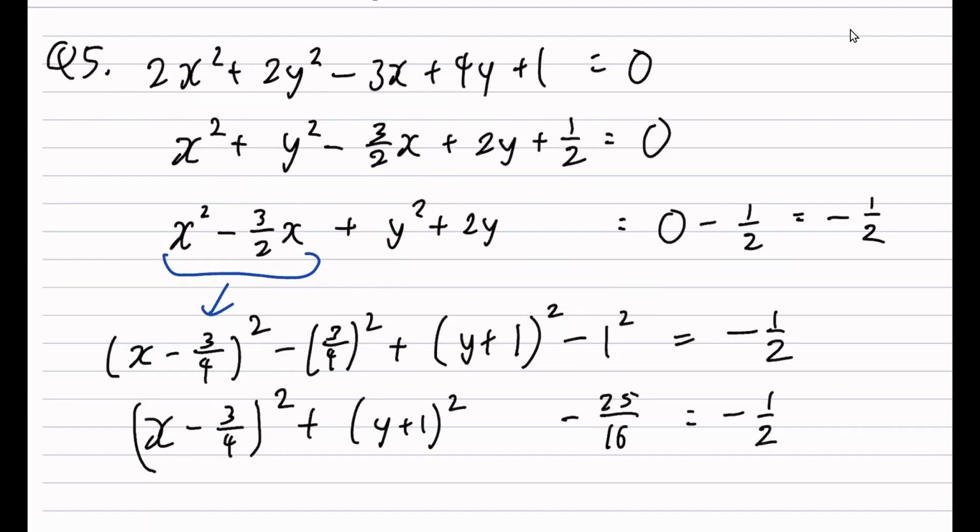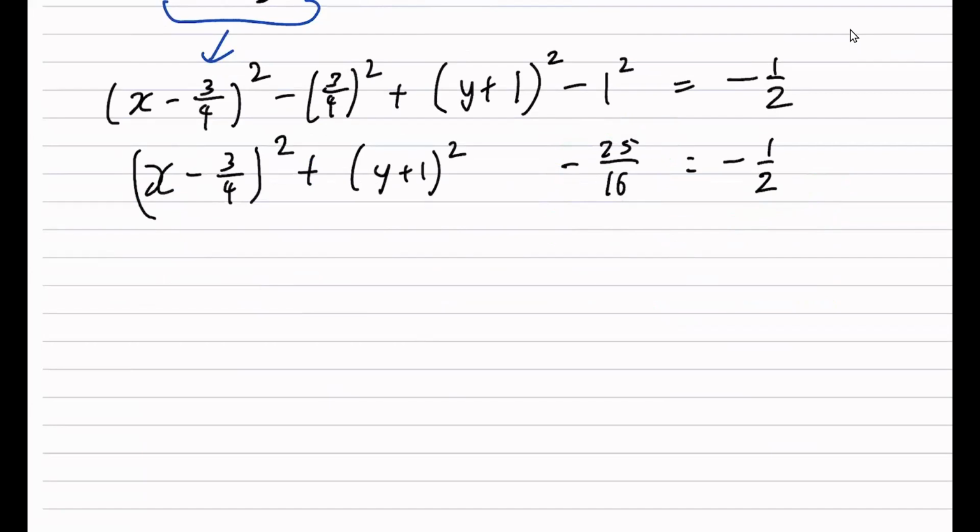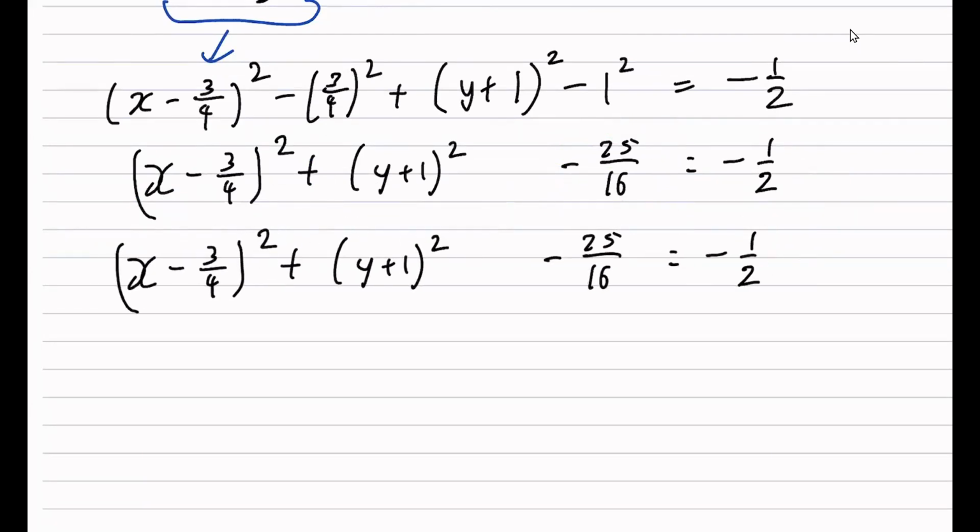Okay. Then the minus 25/16 bring over. So what do you end up with? With the power of an iPad, I can copy and paste. This one also can bring over like this and plus. Faster. So 25/16 minus 1/2, and you end up with 17/16.